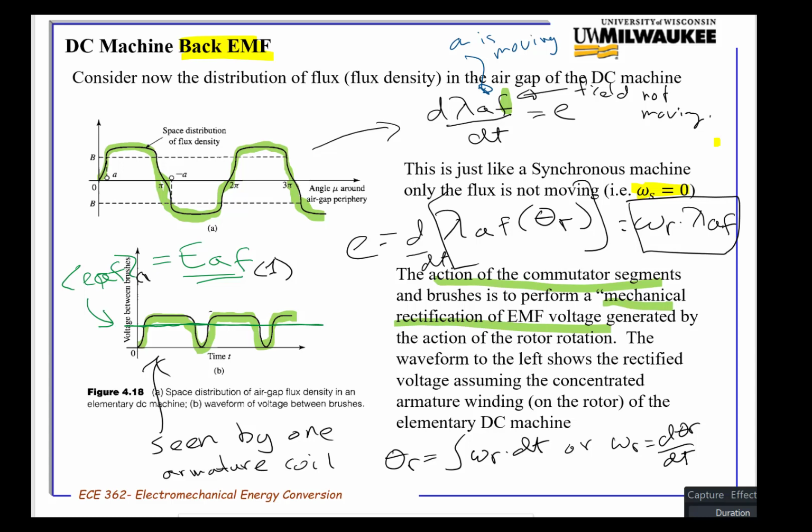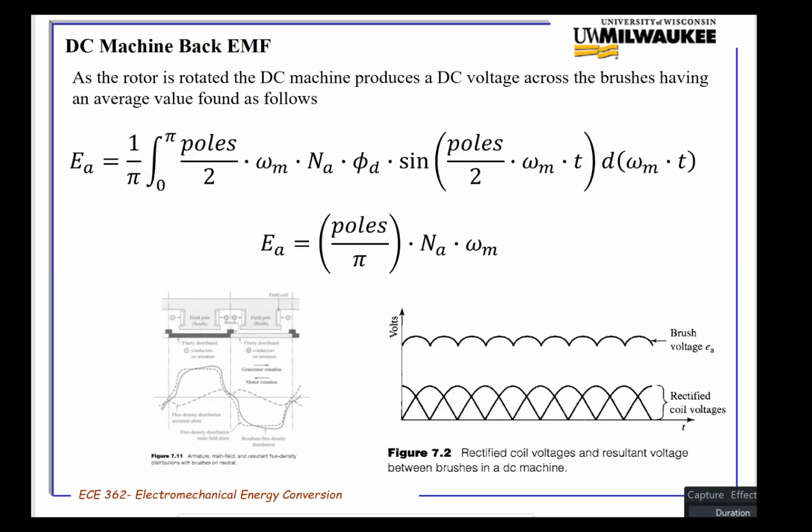We want to try to get this voltage up as close to the peak as possible, right? So this is another reason why we have multiple coils in the armature. Every time it passes by, we push up the voltage with NA.